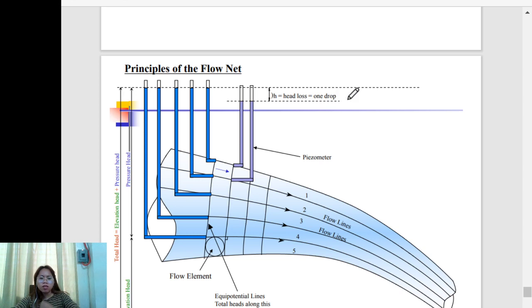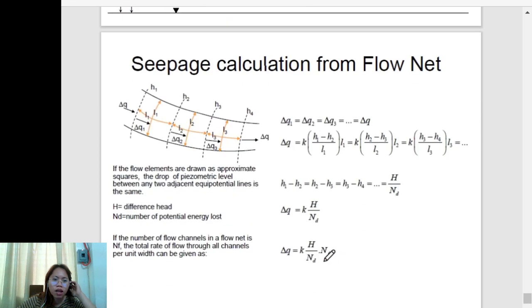So along the equipotential lines, the total head is the same. From the reference line or datum, the total head is equal to the elevation head plus the pressure head. So the total head is the same for all equipotential lines. This equipotential line is perpendicular to the flow line.